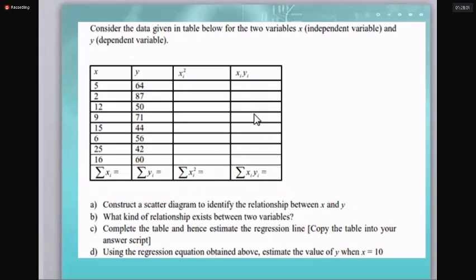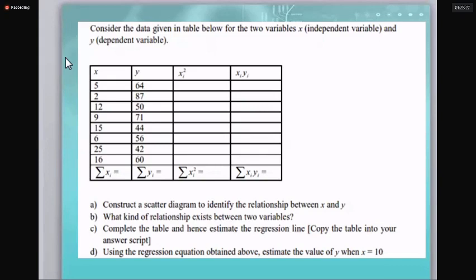Therefore, it is a negative relationship. Now, when you complete this table and find the equation, you will get a negative value for the B1 parameter. So that indicates that the relationship is negative. Okay, so that is about estimating the regression line and making forecasts using values outside the range of x.